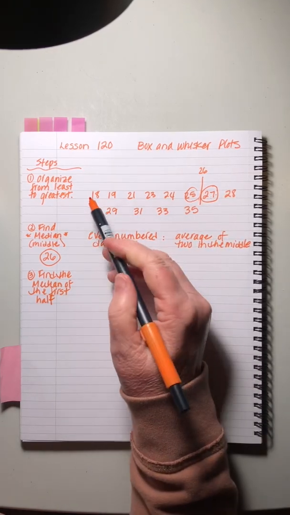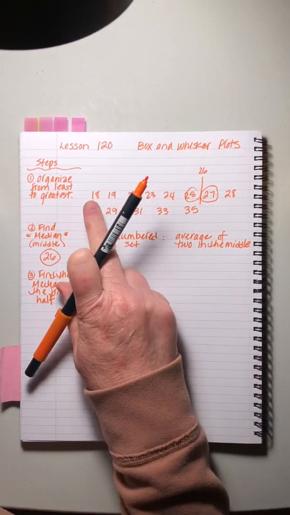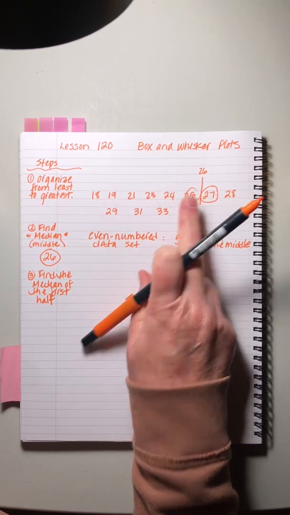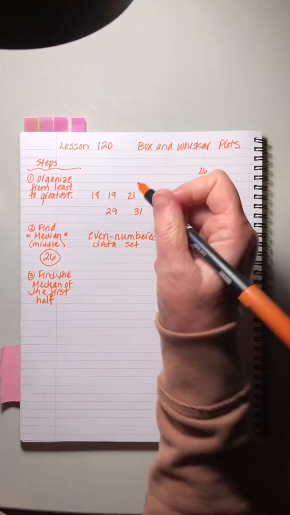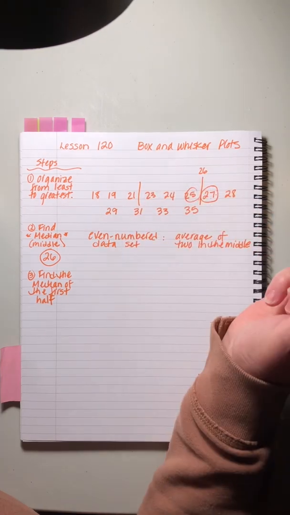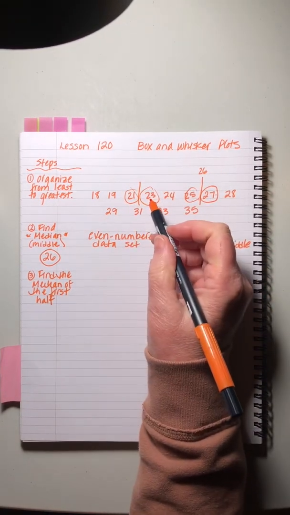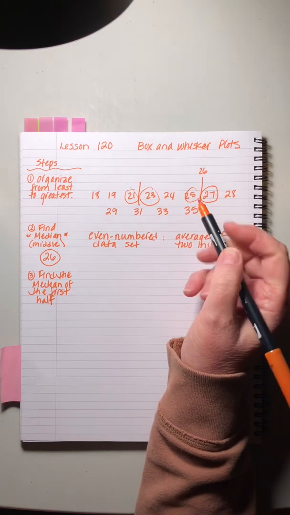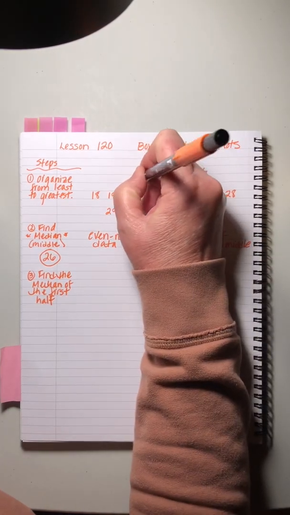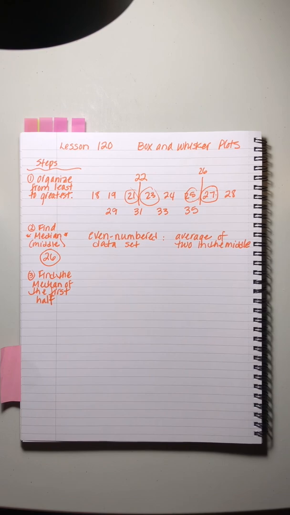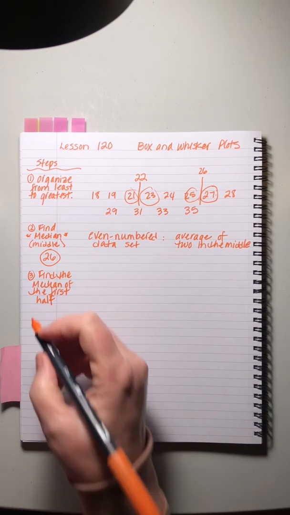So now we're going to go to just the first half of our data set. There's 6 items. It's even numbered again. So we have to find the middle, which will be right there, right? And so we take the average of those two, 21 and 23. Well, that's 44. Divided by 2 is 22. Okay? That makes sense.